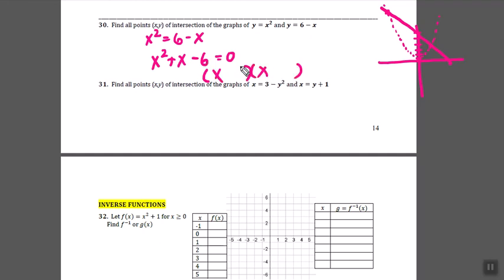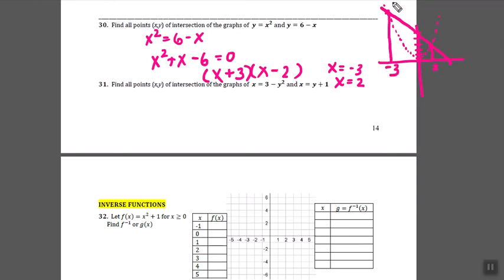So you've got 6, it's either going to be 3, 2 or 6, 1. Should be a 3, 2. And we need a plus here, a minus here. And you've got two answers, x equals -3 and x equals 2. So it intersects right here at 2, and over here at -3.